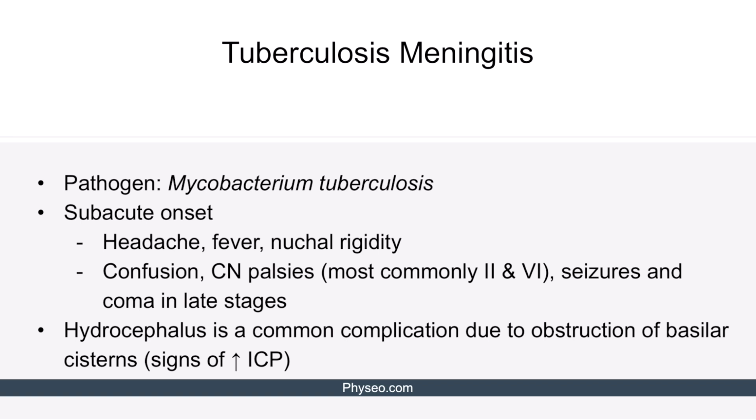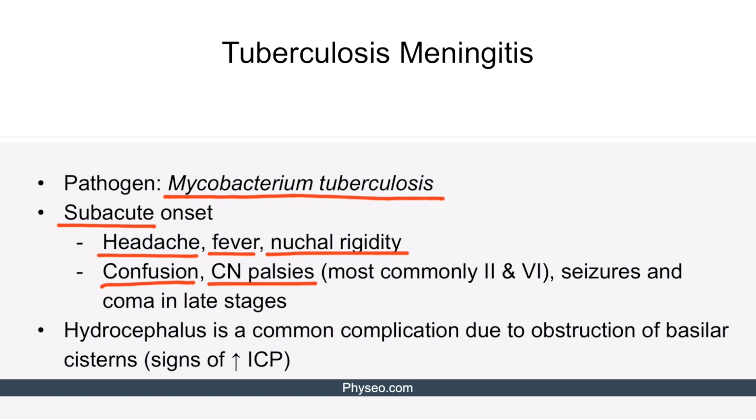Moving on to tuberculosis meningitis. The responsible pathogen here is Mycobacterium tuberculosis. And here, just like the last one, cryptococcal meningoencephalitis, the onset is subacute. The patient can present with fever, a headache, and nuchal rigidity, which you would expect. Now, confusion and cranial nerve palsies, particularly of cranial nerves 2 and 6, are common features as well.